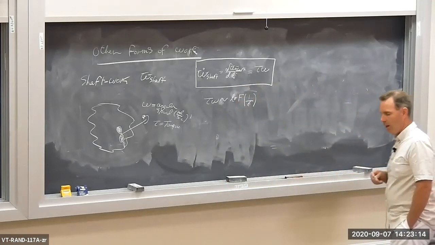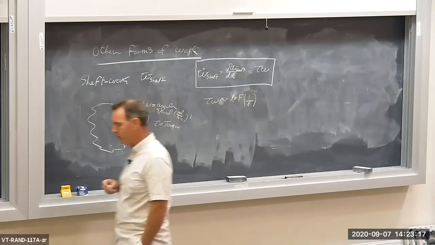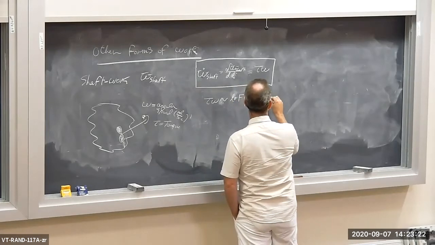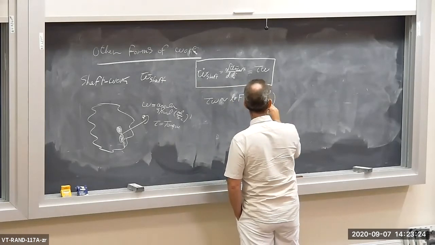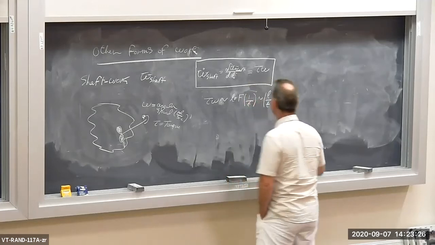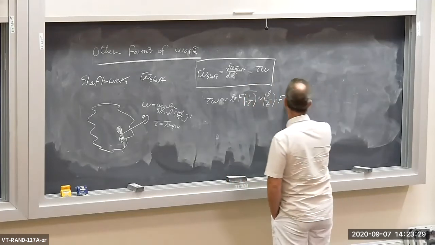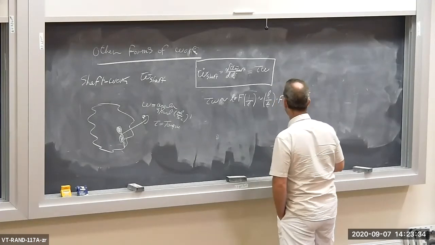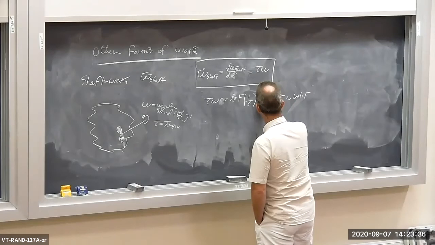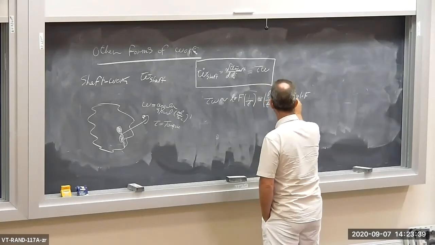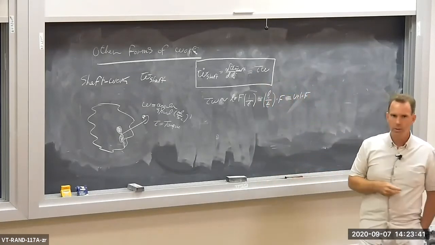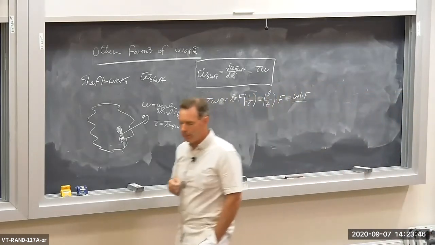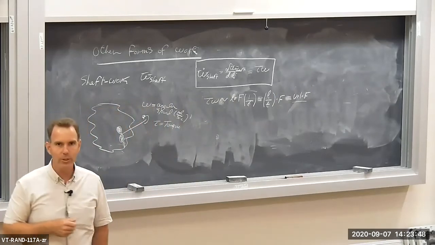So a length times a force divided by t has units of a length divided by time times a force. So this is a velocity times a force. So torque times angular velocity gives me velocity times a force, which is power.